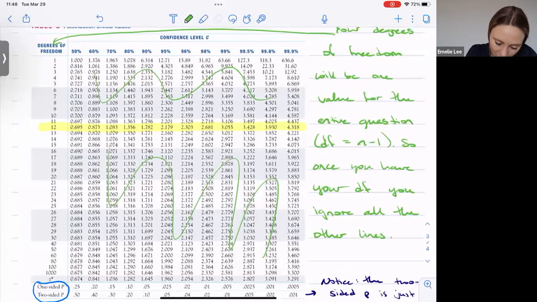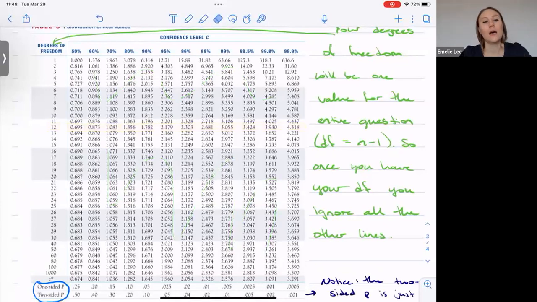Okay, I'm going to erase that because that might be confusing later. Once you have your degrees of freedom, that's the line that you're stuck on.